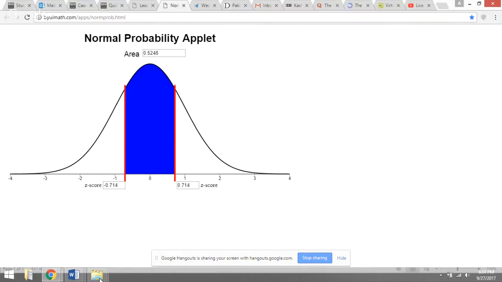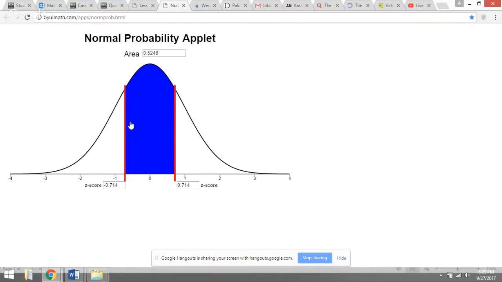So you take the blue highlight off of every part except for the middle. It wants you to find what's between 0.6, which is the Z-score for 0.6, the negative 0.714, and 0.7, which is the Z-score for 0.7, the 0.714.